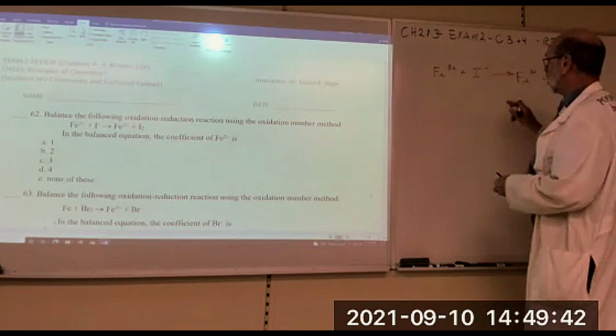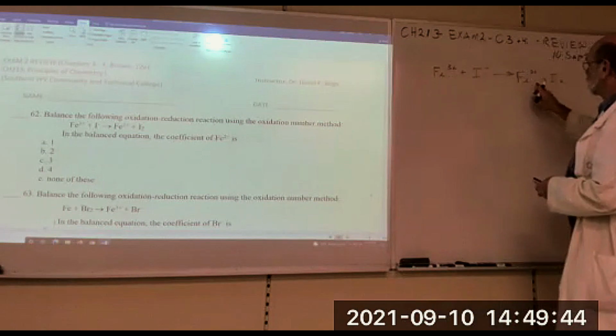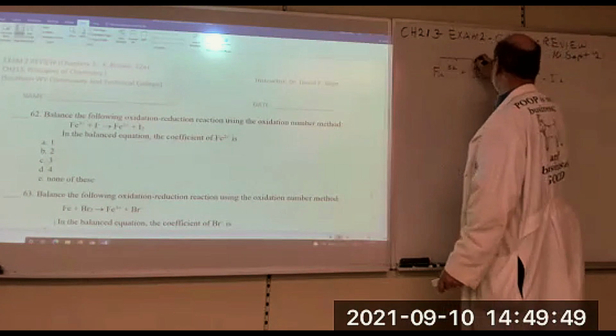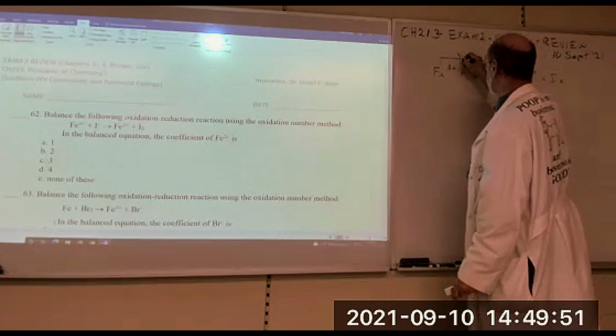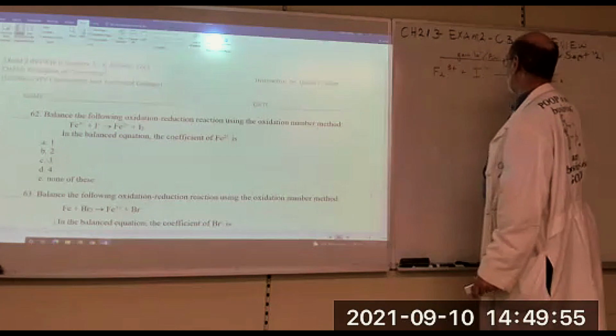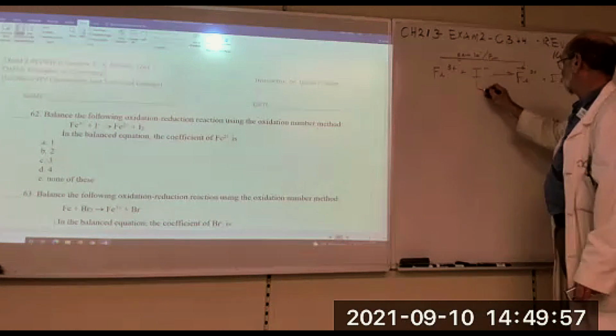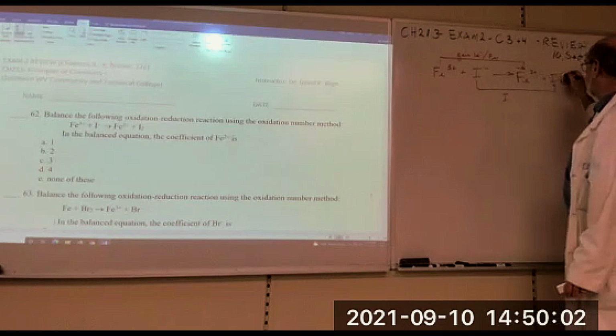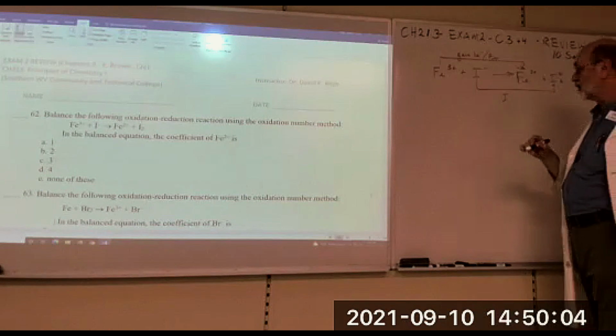So we need to find out. Iron went from 3+ to 2+, which means it gained an electron. So that's gain 1 electron per iron. That means this one had to be reduced. So iodine went from -1 to 0. It lost an electron.